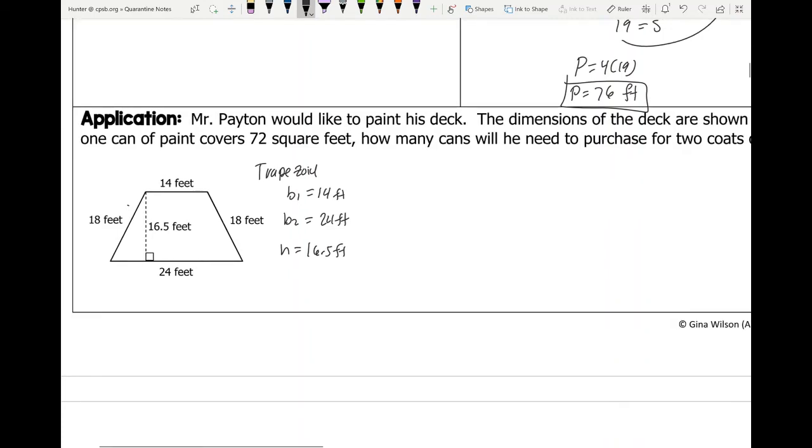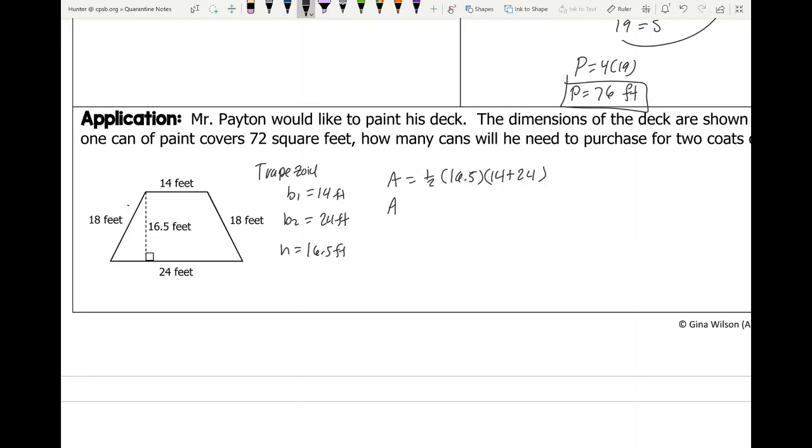So plugging that into my area formula, I get area is equal to 1/2 times 16.5 times 14 plus 24. So 14 plus 24 is equal to 38, times 16.5 times 1/2.